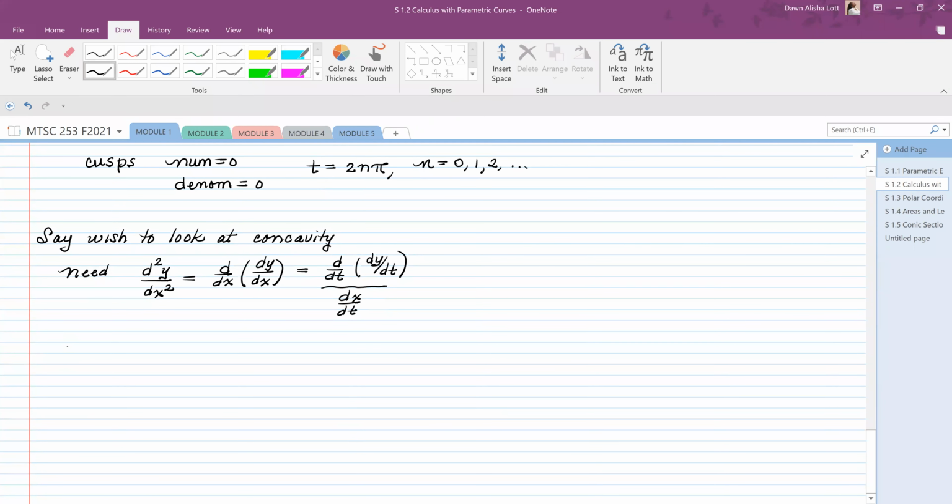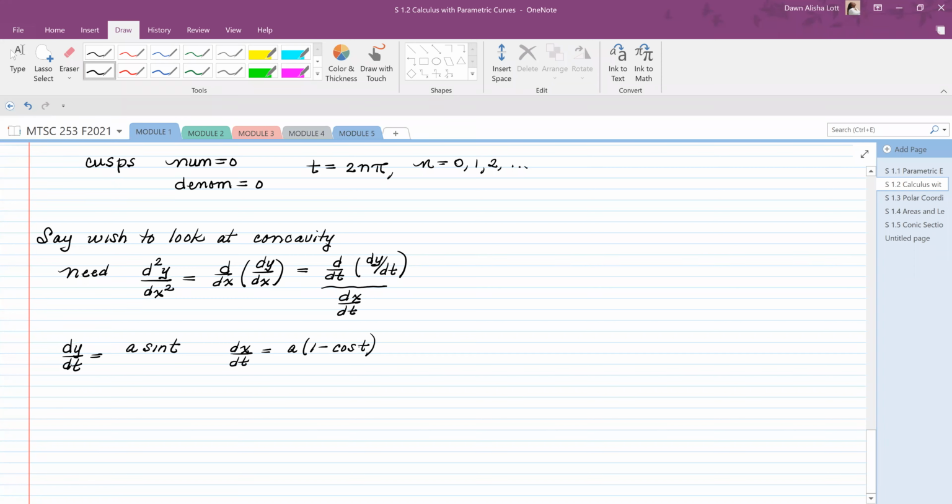So dy/dt was a sine t. And then dx/dt was a times 1 minus the cosine of t.